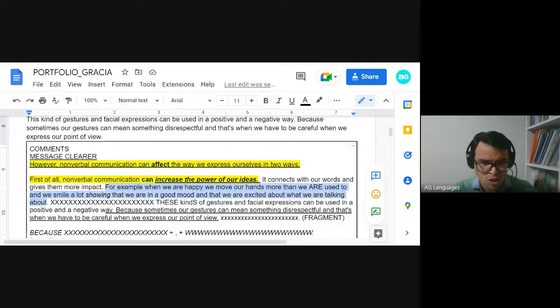She's giving an example about how your gestures and body language can make you feel more excited, right? However, here she's talking about the dangers. The dangers. All right. So she's not giving me more examples of how this happens. In how can gestures and body language increase the power of my ideas?